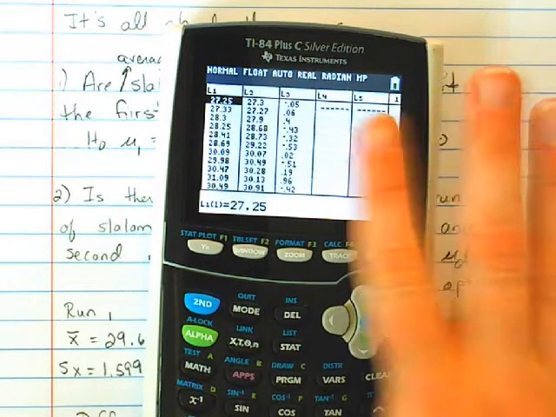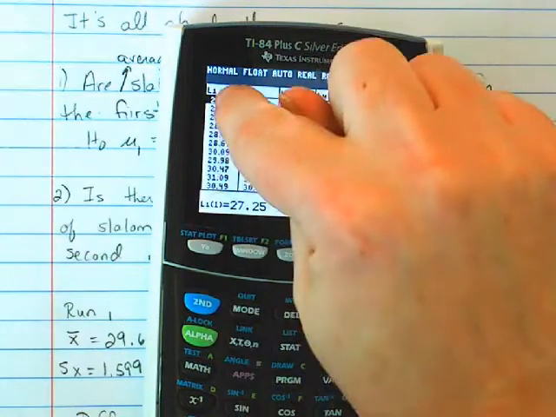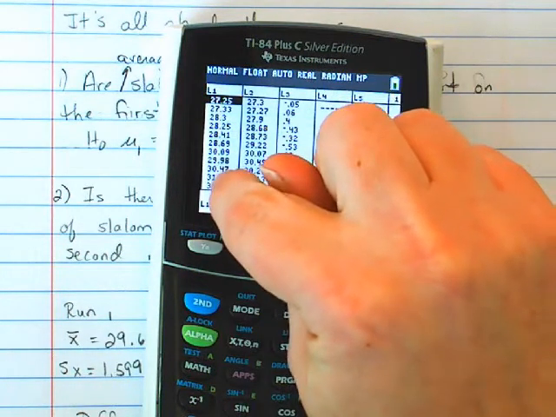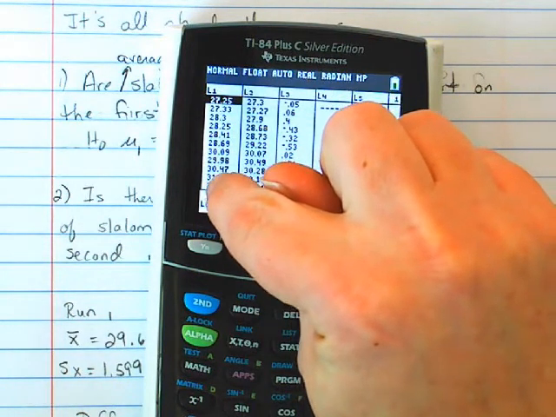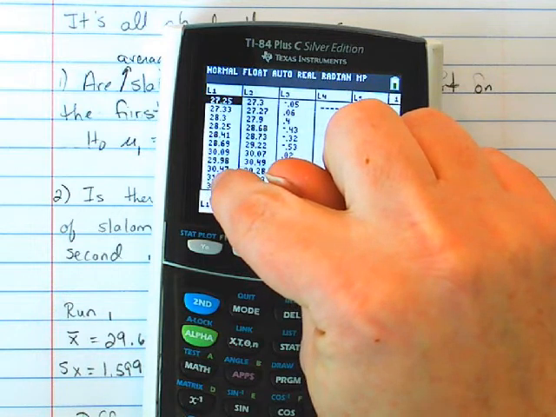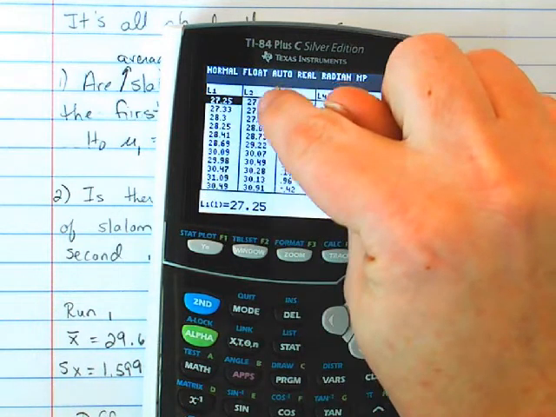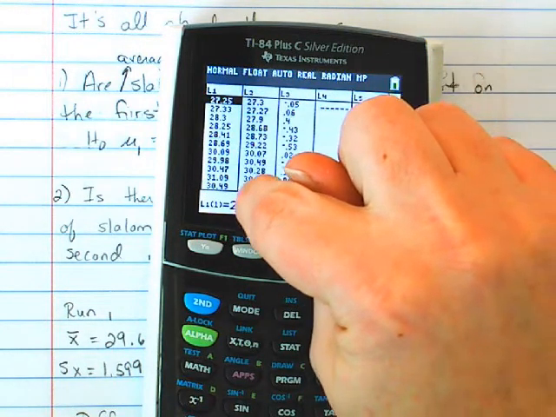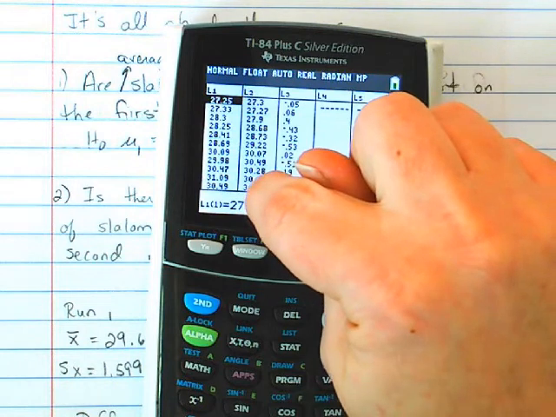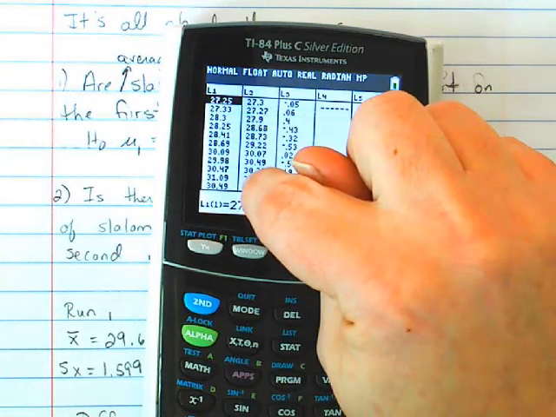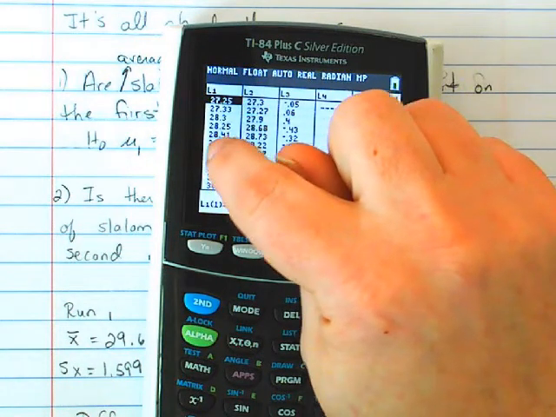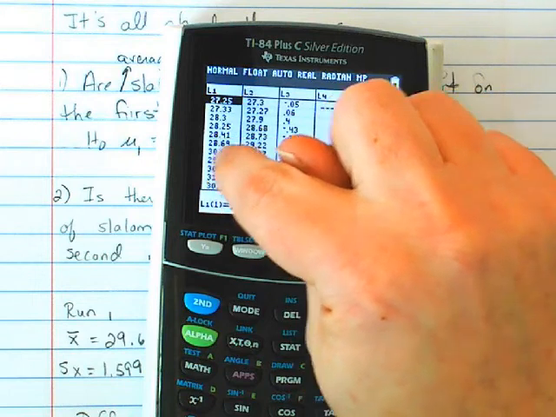So my L1, now remember this is hypothetical, I don't actually have the times. These values represent the hypothetical average speed of the first run on a slalom course. These are the hypothetical average speed of the second run on a course.